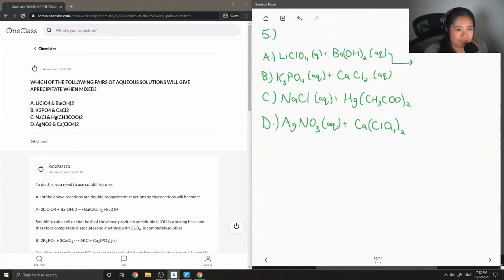For A, you end up with lithium hydroxide plus, and to balance it, I'm gonna put a 2 in front of there. For this one, ACl.